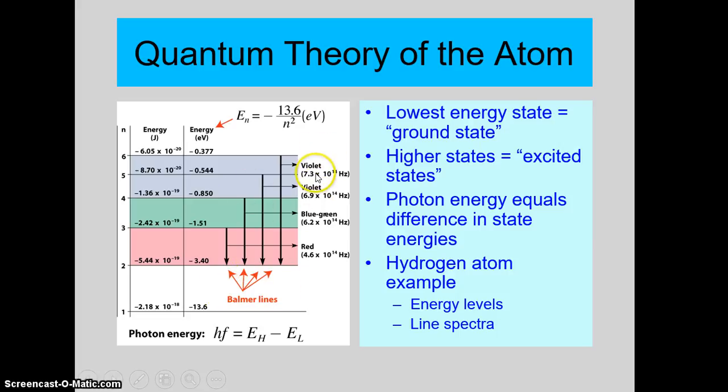You could convert each of these from frequency to wavelength, and you'd find that they're between 4 times 10 to the minus 7th meters, blue light, and 7 times 10 to the minus 7th meters, which is red light, or the deepest red that the human eye can see.